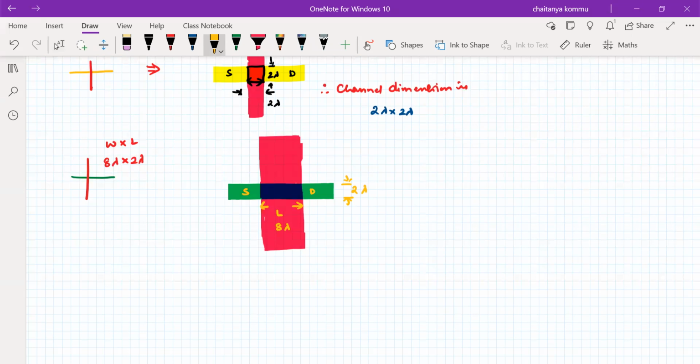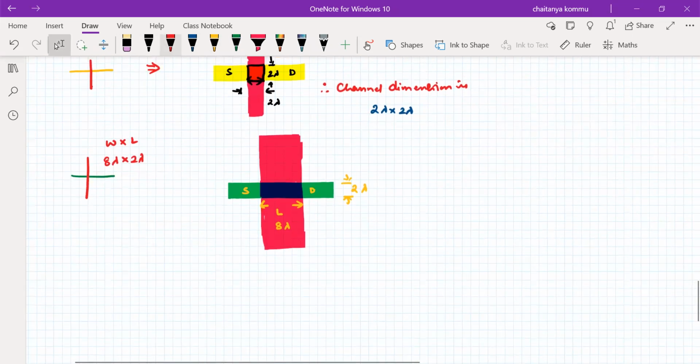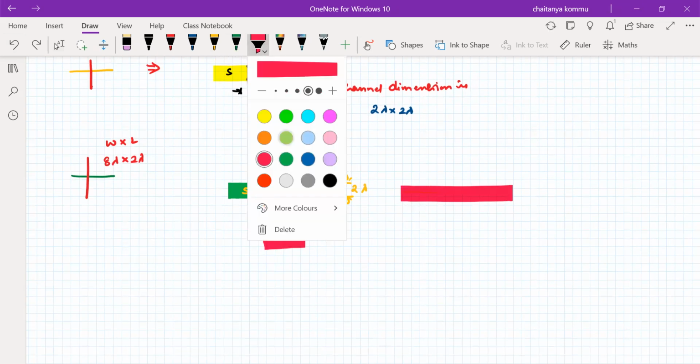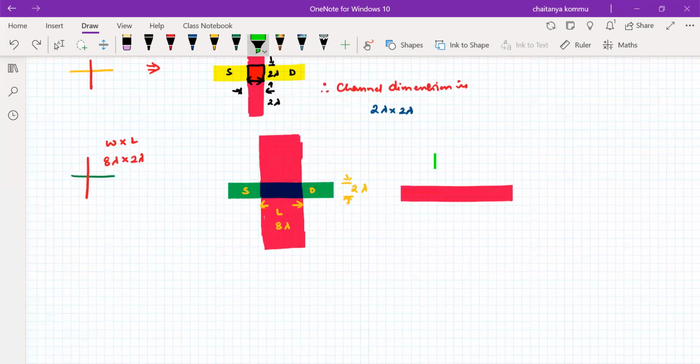Instead, what I can do is, for example, consider the diffusion in this way. The diffusion is done in this way.